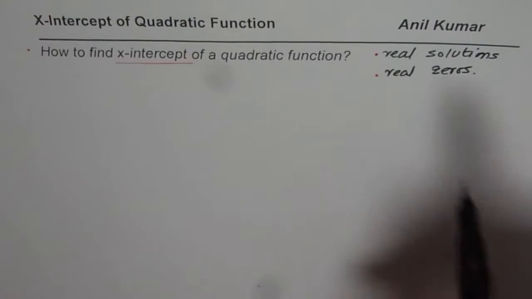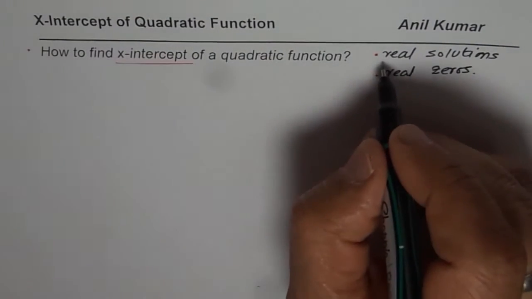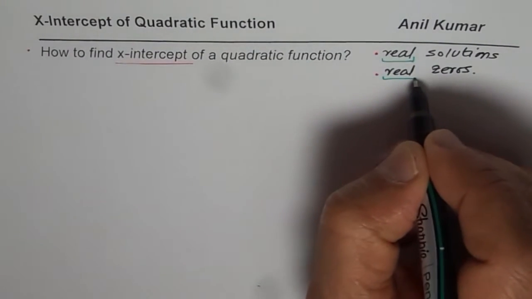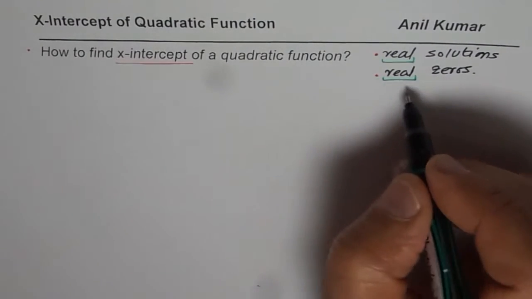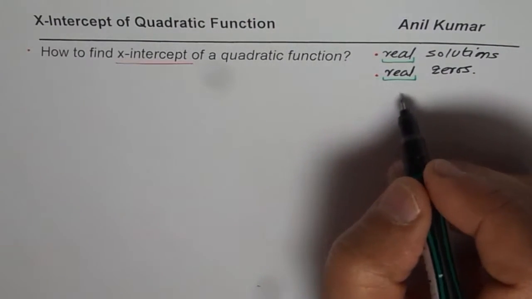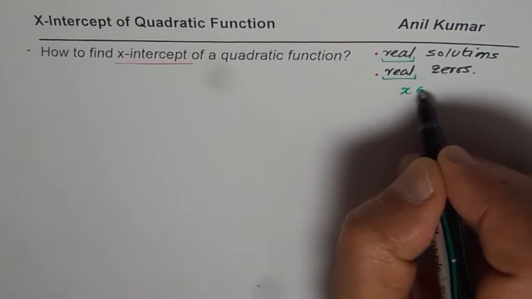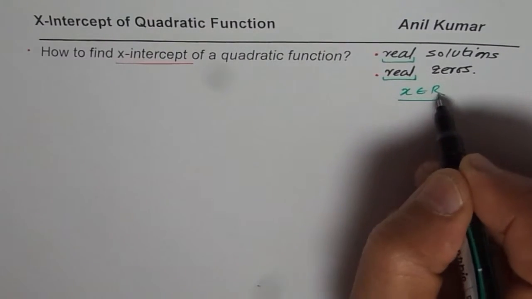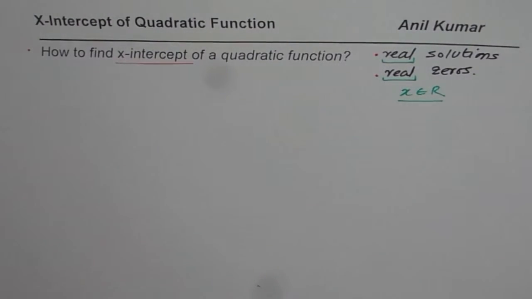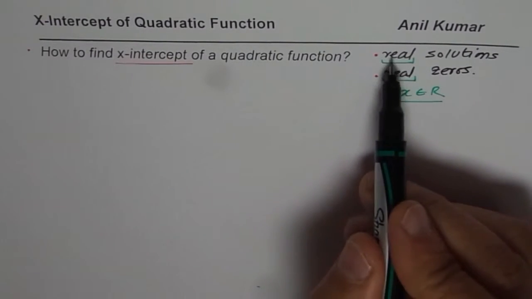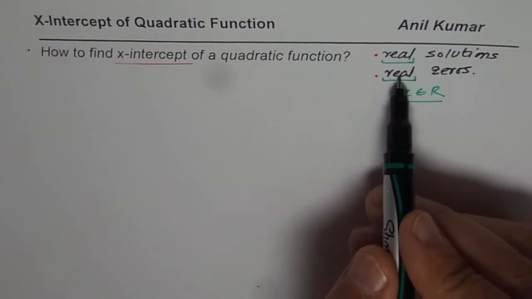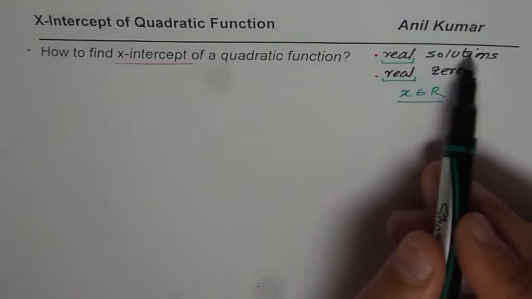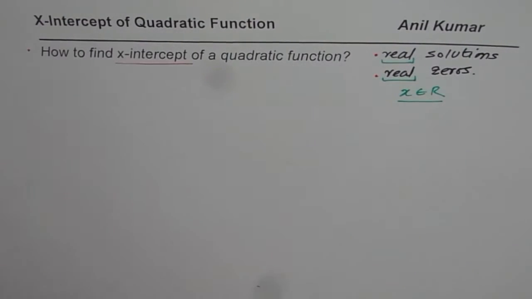Many times we do not write the word real since we are working in the domain of real numbers. We say x belongs to real numbers in general. So we are not working with complex numbers, and therefore we do not normally write real. So real is by default understood anyway.